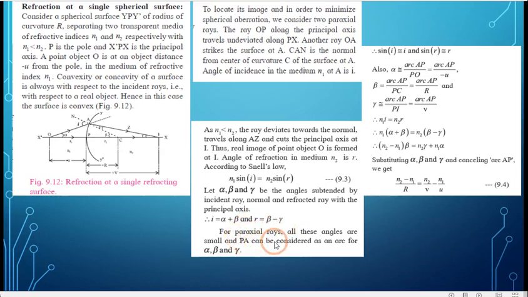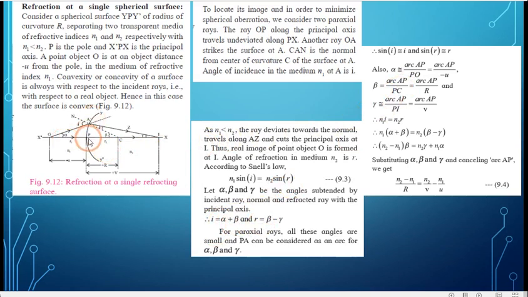Now for paraxial rays, all these angles are small. Therefore, instead of sin I we can take only I, and instead of sin R we take R. So the equation mu1 sin I is equal to mu2 sin R becomes mu1 I is equal to mu2 R. We have got the values of I and R here. Now we are going to find alpha, beta and gamma.